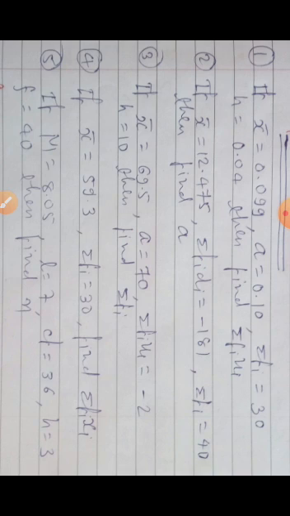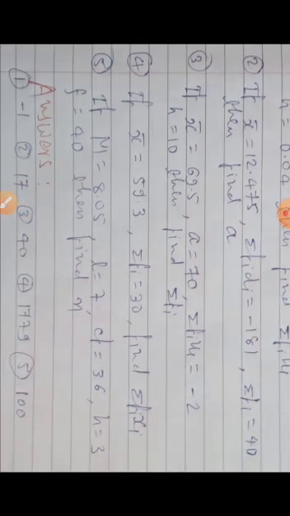The second one is again the assumed mean method formula. In the third one, x bar is given, a is given, sigma fi yi is given, again in negative, and class size is given, find sigma fi. We also found sigma fi in an earlier example.